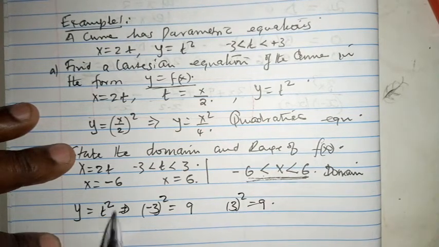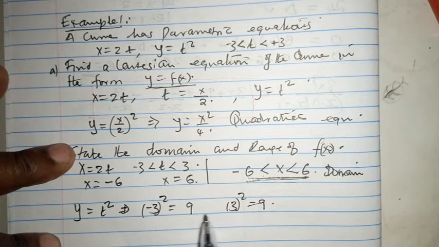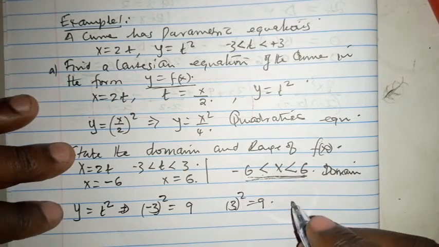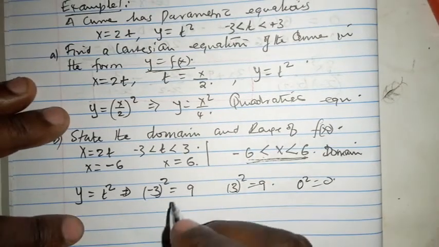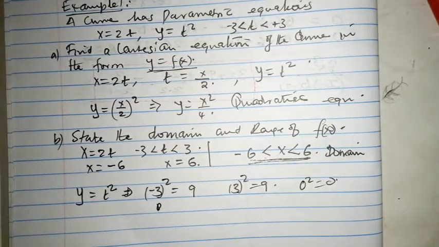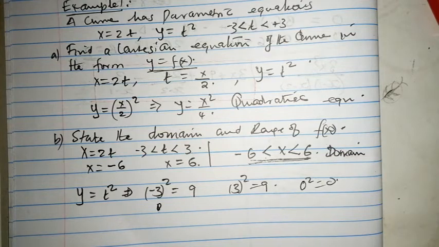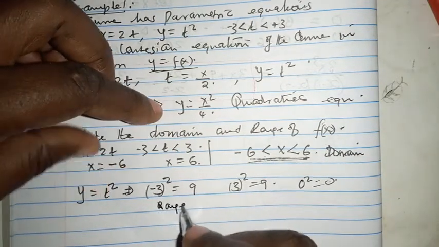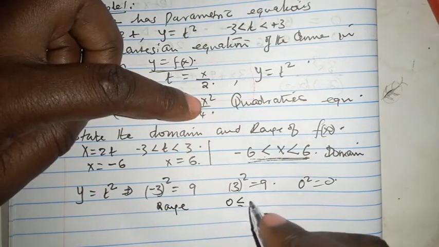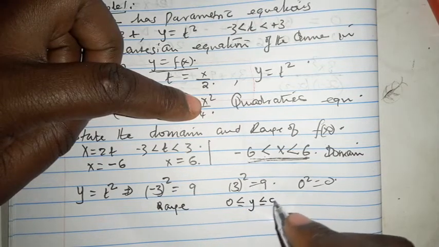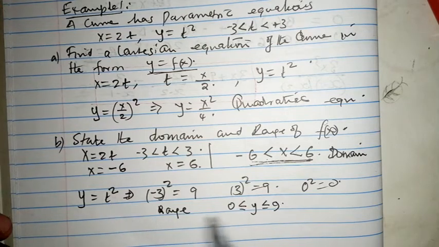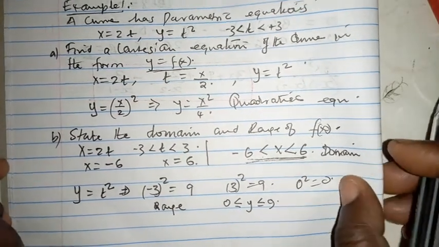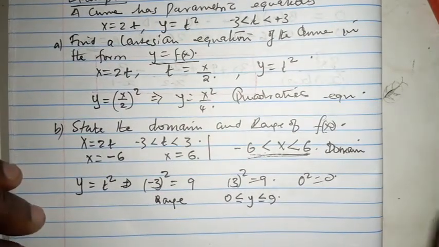Of course, when any number is squared, the least value it can assume is 0. When t is 0, t squared is 0. So the range is all the way from 0 to +9 because of this square. When any number is squared, we cannot have negative numbers.